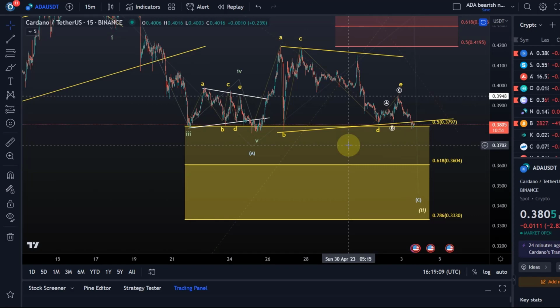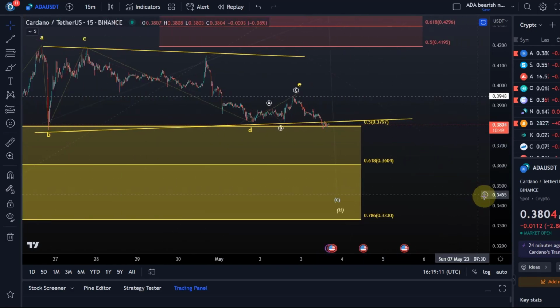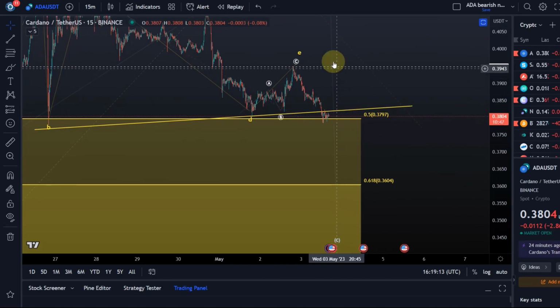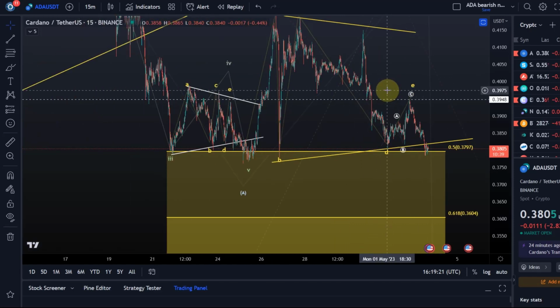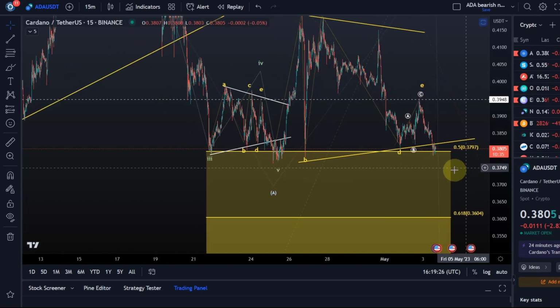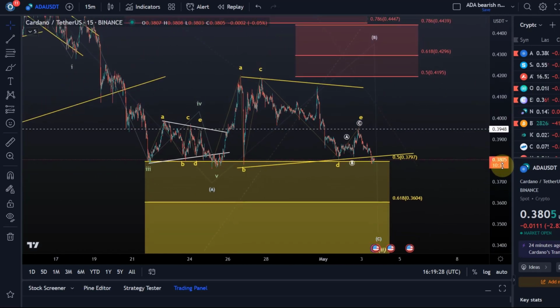So at the moment, I assume the triangle breaks or is broken. I would assume that until we get above 39.5 cents, this significant swing high there. If we take it out, it would probably suggest a different interpretation, not necessarily bullish, but maybe a bit of an extension of that B wave.